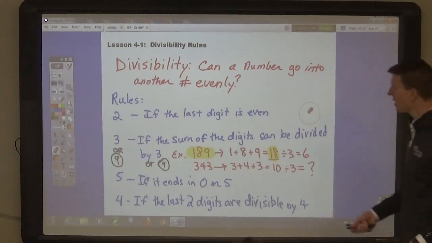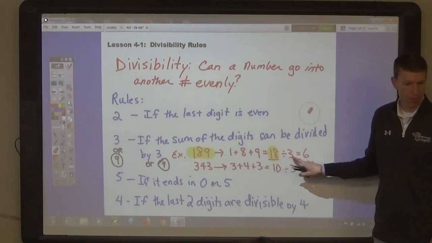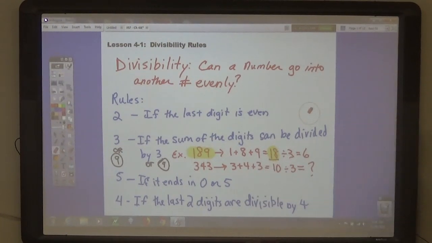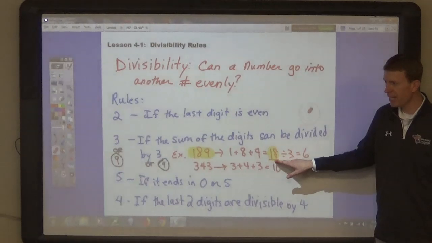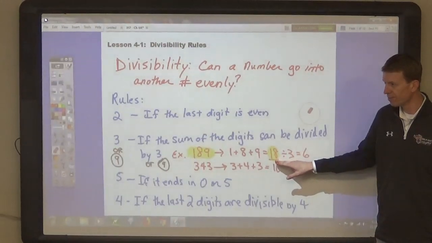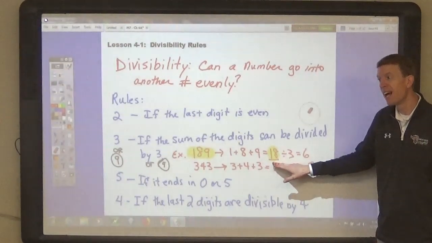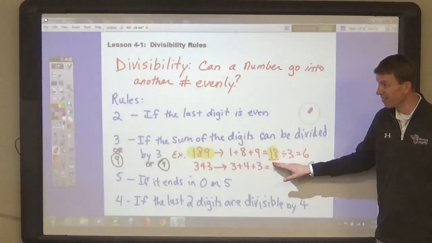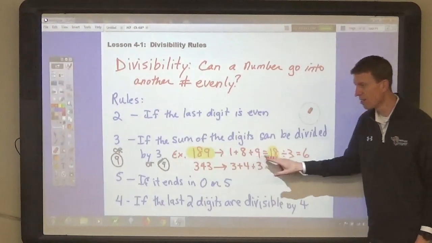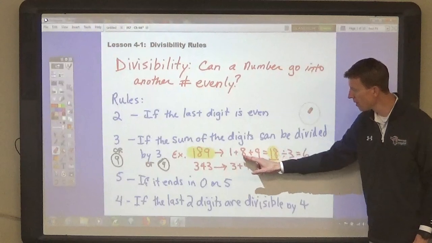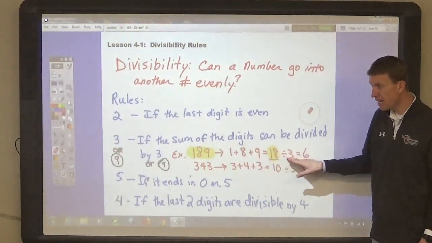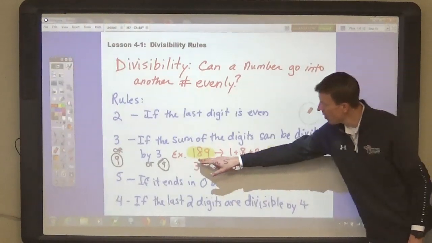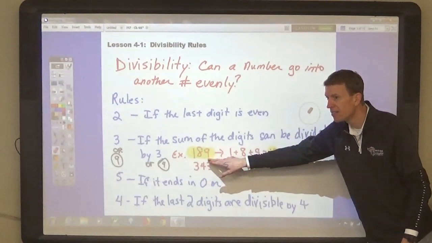If the sum of the digits is divisible by 3, then the number is divisible by 3. The sum of these digits, 1 plus 8 plus 9, is 18. Since 18 is divisible by 3, then 189 is divisible by 3.